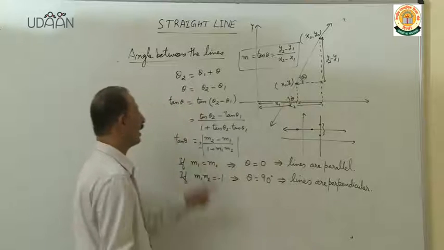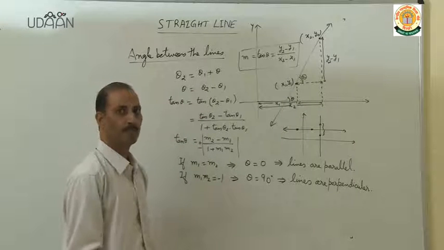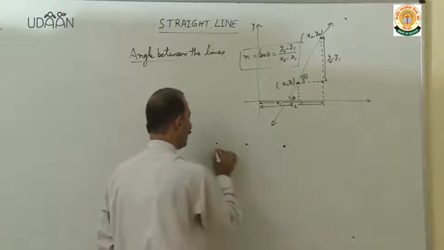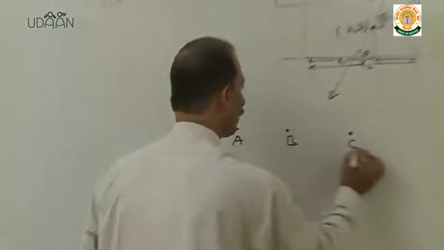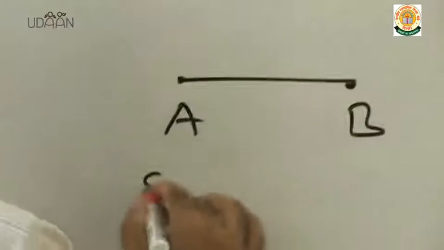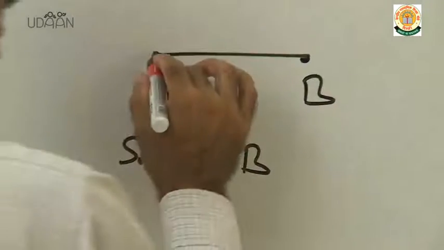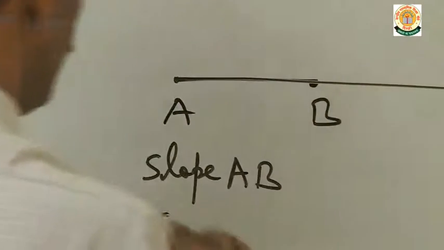Now you know the angle between two lines. One more thing: these are the points A, B and C. You can find the slope of the line AB and the slope of the line AC.